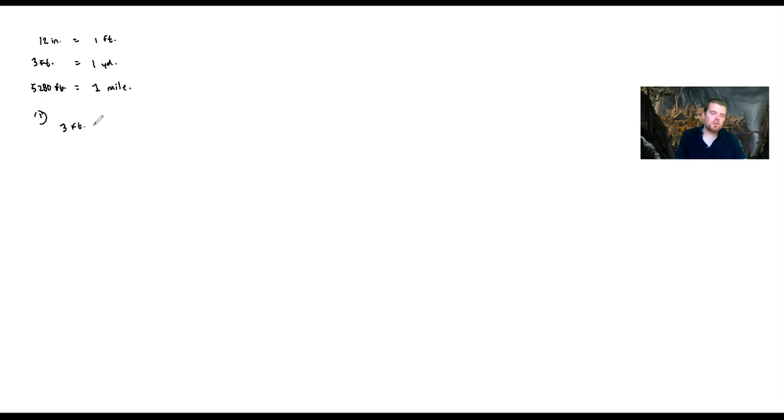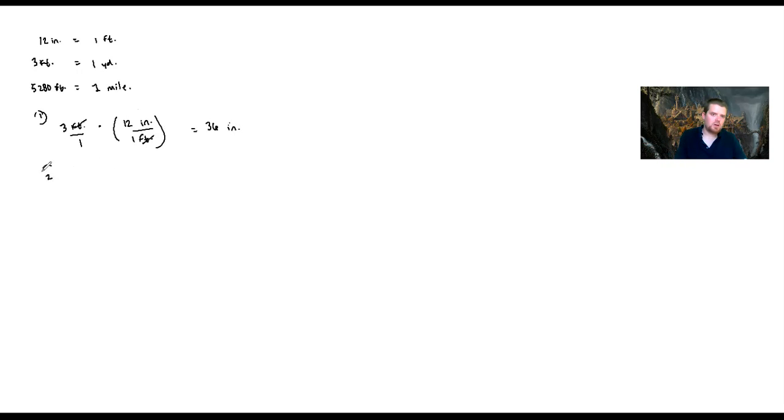So if I wanted to convert feet to inches, every foot is 12 inches, which means I would need to multiply it by 12. So to go from feet to inches, it's like multiplying by the fraction 12 inches over 1 foot. For every foot, it's 12 inches to a foot. So we're multiplying that. And then just like any whole number and fraction that we multiply, you're multiplying straight across. You get 3 times 12. And feet would cancel out here, which leaves you with 36 inches, like so.